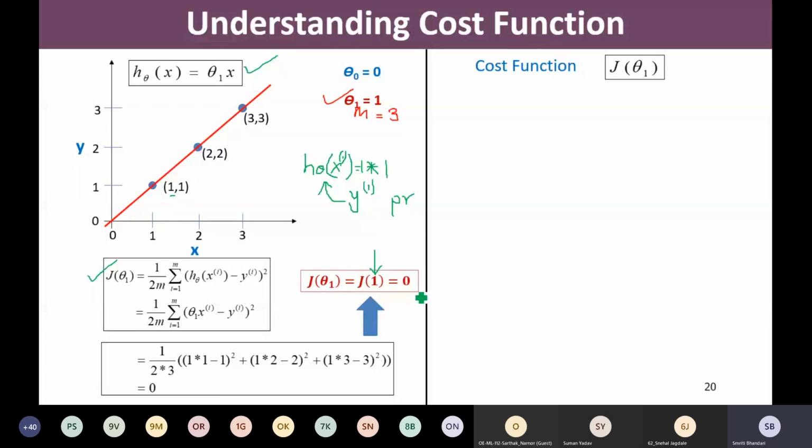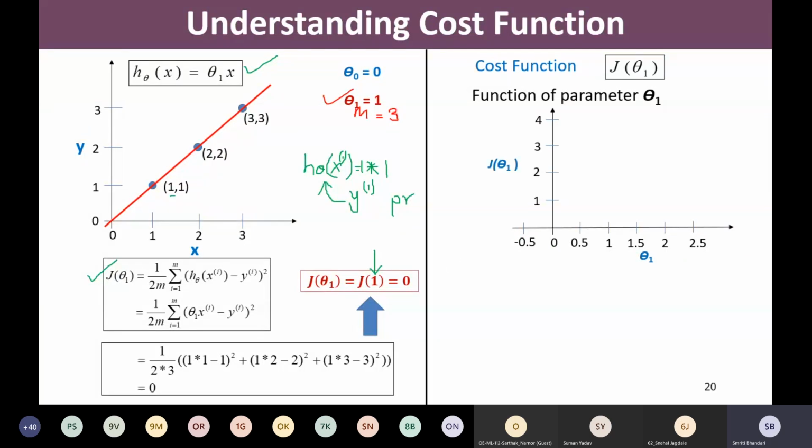So if I plot my cost function J of theta 1, which is a function of parameter theta 1, on the x-axis I'll have theta 1, and on the y-axis I'll have J of theta 1.